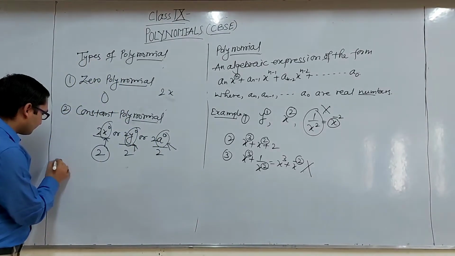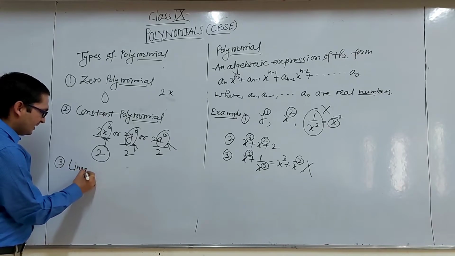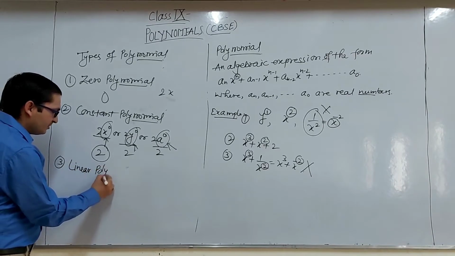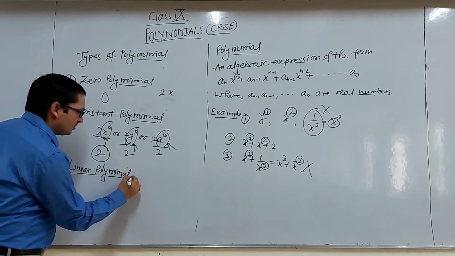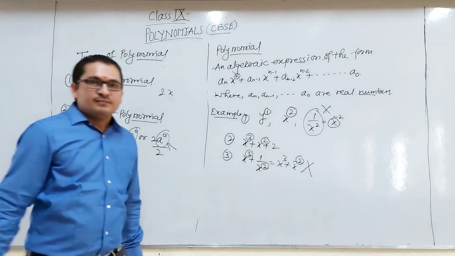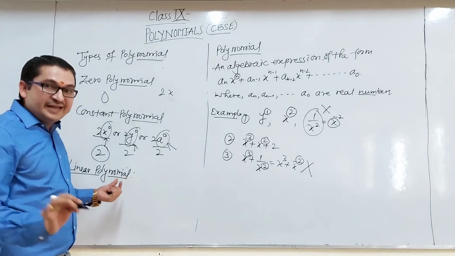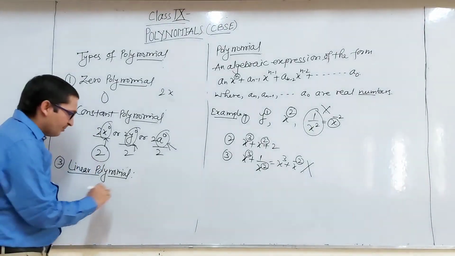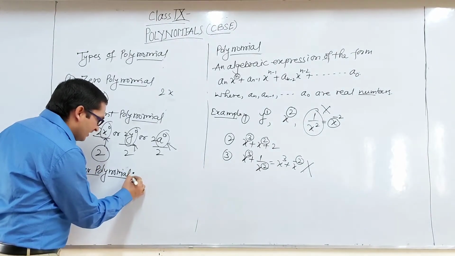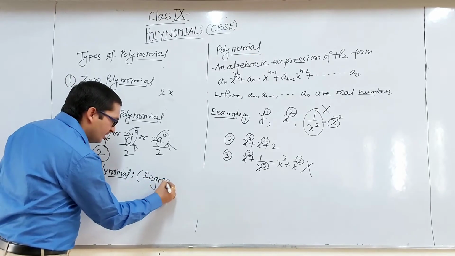Now third, linear polynomial. One more thing, we have to check the degree of the polynomial. The linear polynomial means the degree should be 1.